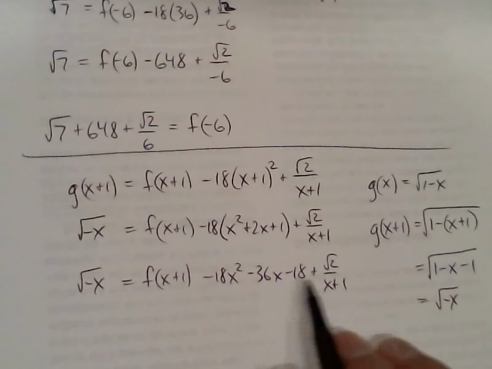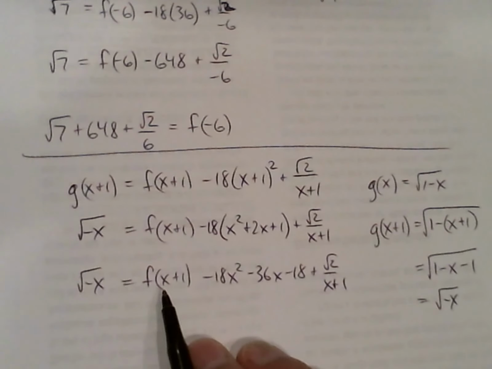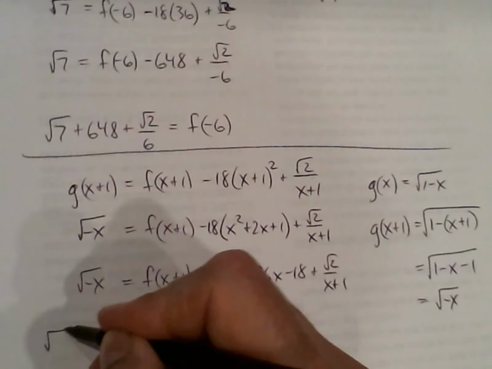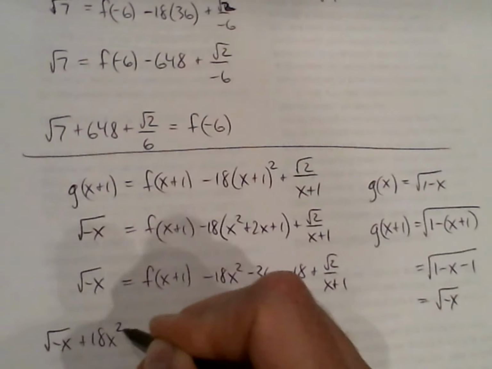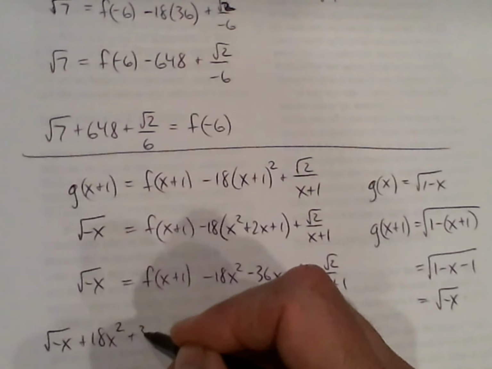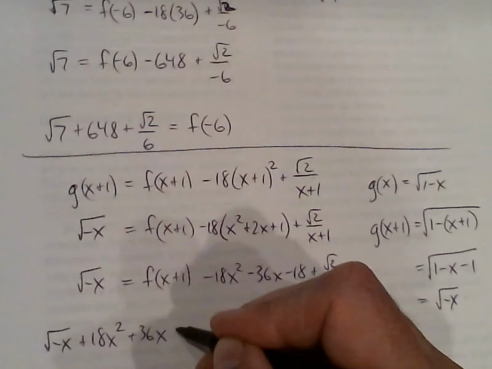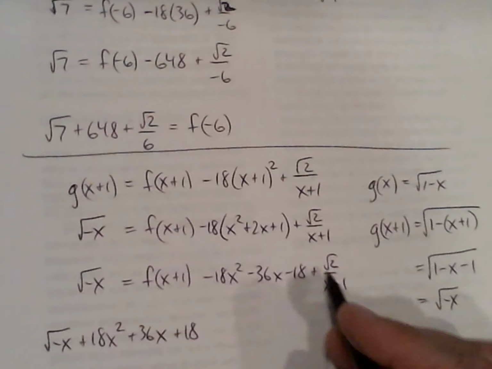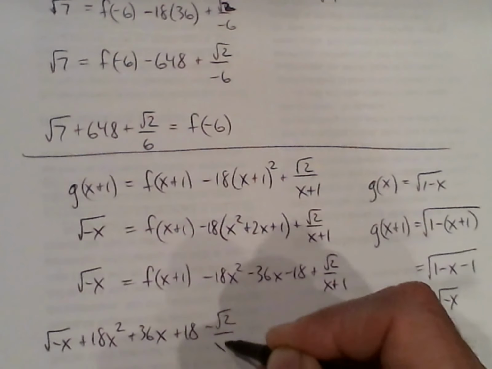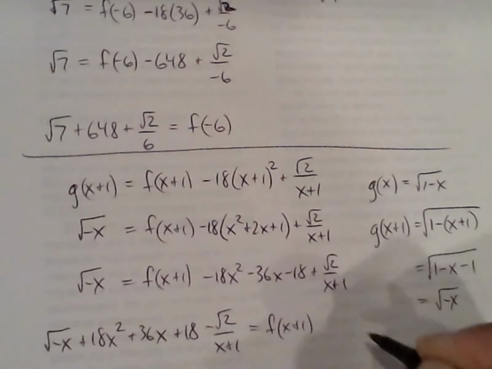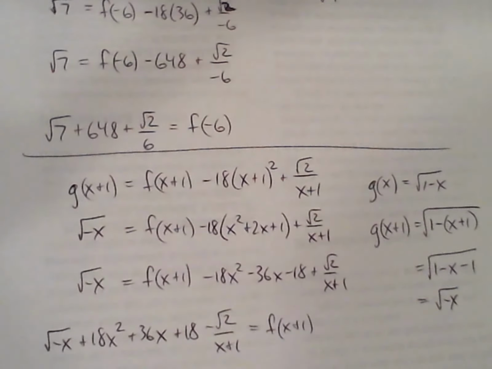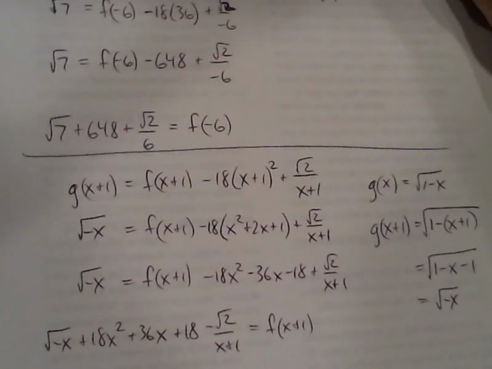And then we'll just move all this to the other side, and we'll have f of x plus 1 by itself. All right, almost done.